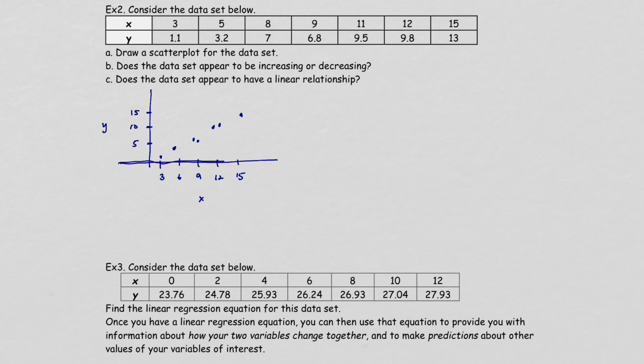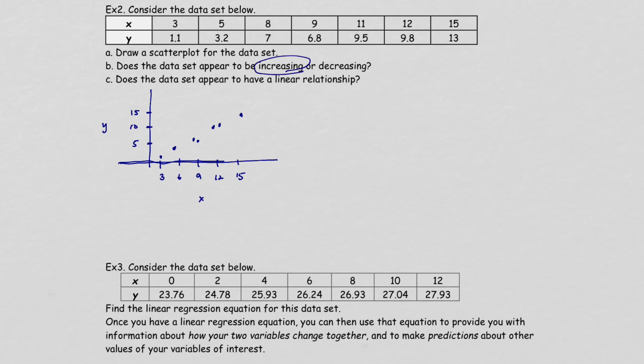When you draw the scatter plot for the given data, this is pretty much what you're going to get. And if you wanted to answer if this is increasing or decreasing, because the values keep going up, keep getting larger, it's going to be increasing.